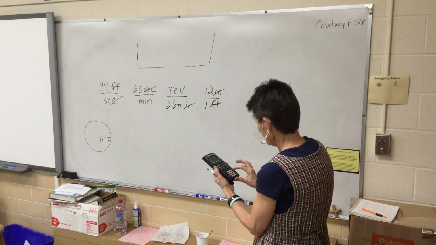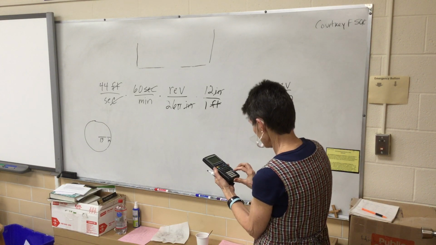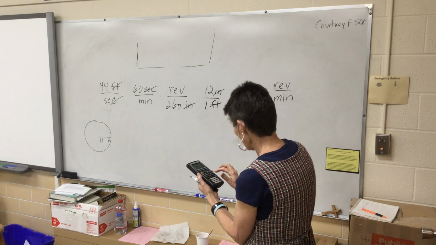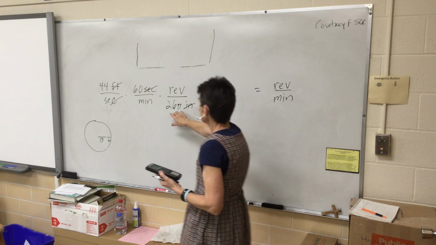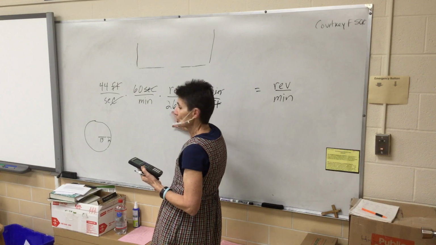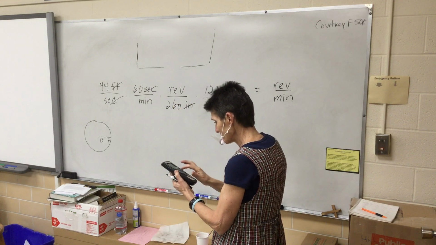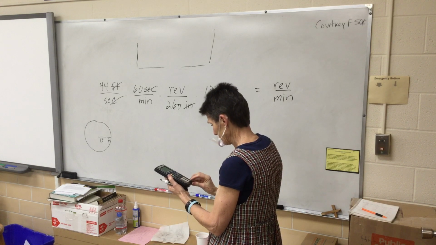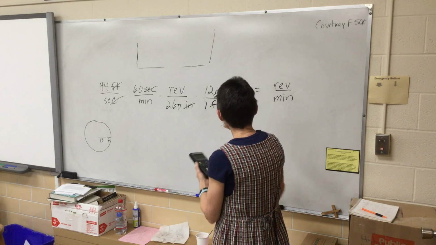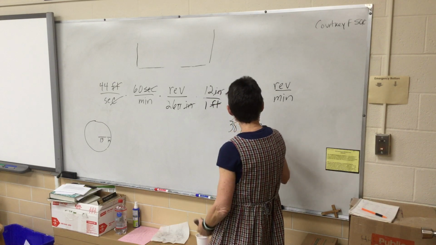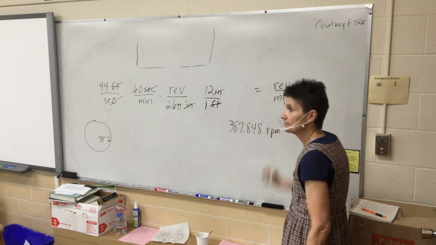So 44 times 60 times 12 divided by, be very careful, there's only one fraction there, but it's two things. So parentheses, 26 pi. And did you get 387.848 revolutions per minute?